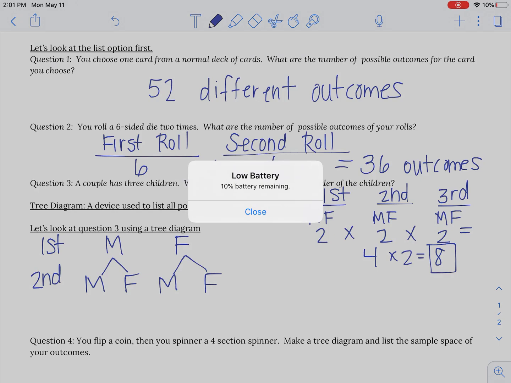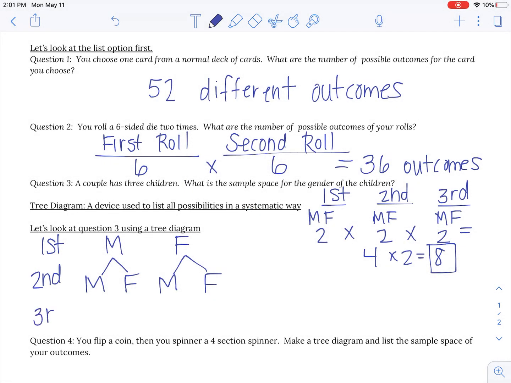Then this has a third row, or a third child. You could have a male, and then still have the option of having a male or a female. You could have a male, a female, and the third kid could still be a male or a female. You could have a female, then a male, and still have those same 2 choices.